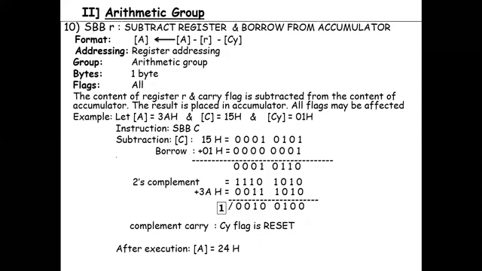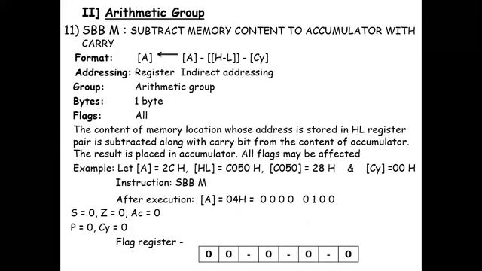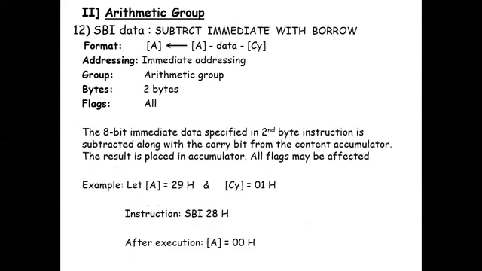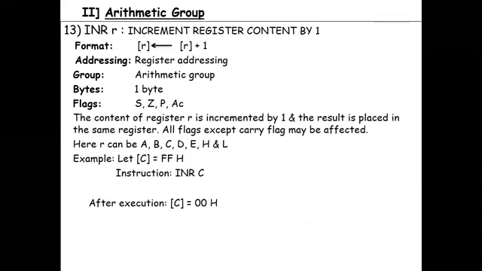Then subtraction with borrow. In ADC, addition, they are using addition with the carry. Here it is subtraction with the borrow. So borrow means it is the carry flag only. Subtraction with the borrow with the memory. Subtraction with the immediate data. Then increment. Increment is also one of the arithmetic operations.